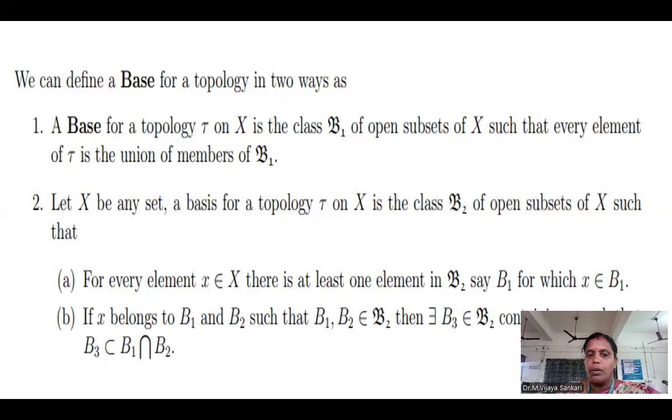Second condition: let B1, B2 be basis elements. Then there exists a basis element B3 with small x belonging to B3 such that B3 is a subset of B1 intersection B2. When these two conditions are satisfied, we have a basis.